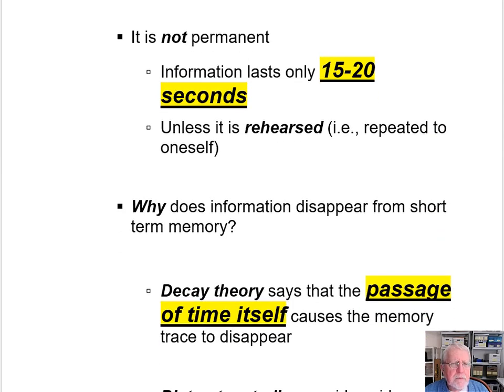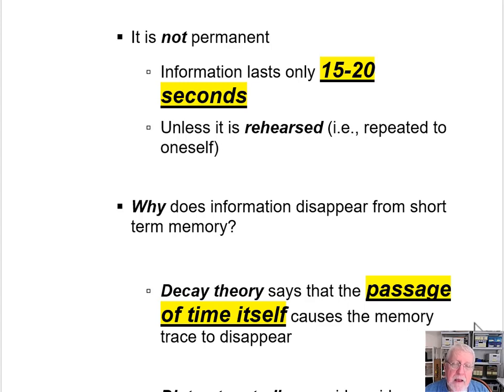Why does information disappear from short-term memory so quickly? There's more than one factor that can contribute to forgetting from short-term memory. And one of the types of forgetting that influences short-term memory is decay. Decay theory, which is all about this process of information disappearing from short-term memory, says that the passage of time itself can cause a memory trace to disappear from short-term memory.